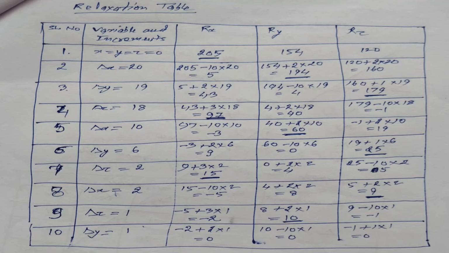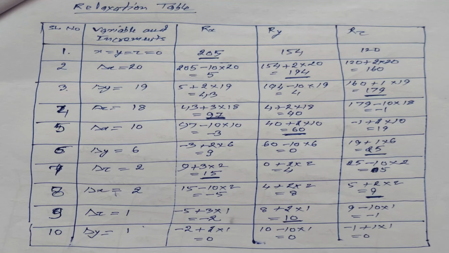Serial number 1, when x equal to y equal to z equal to 0, residuals Rx, Ry, Rz are 205, 154 and 120 respectively. Here we see the residual of Rx is 205, the greatest residual.